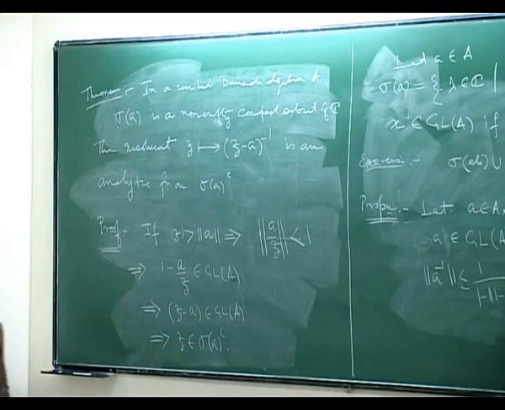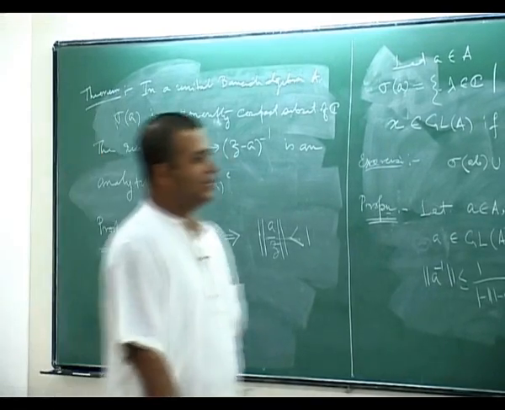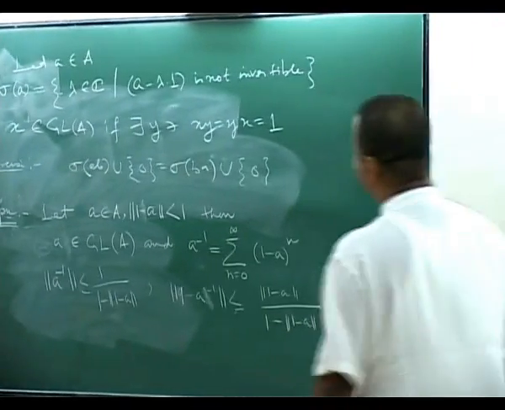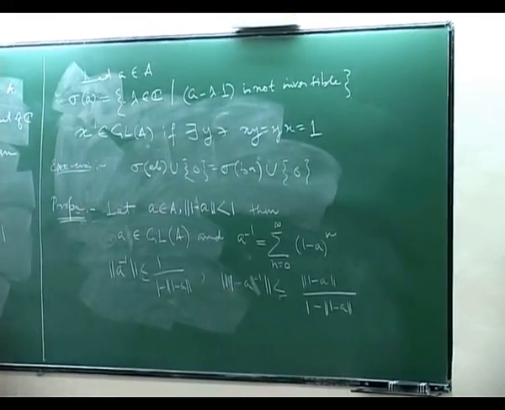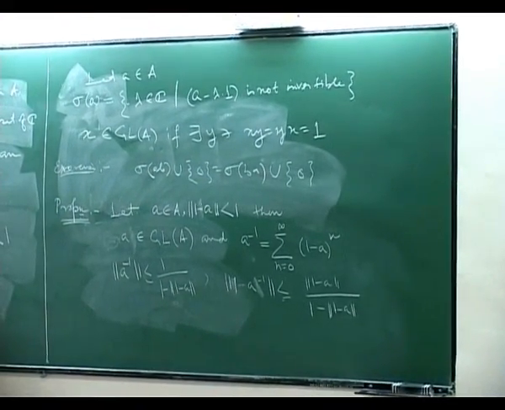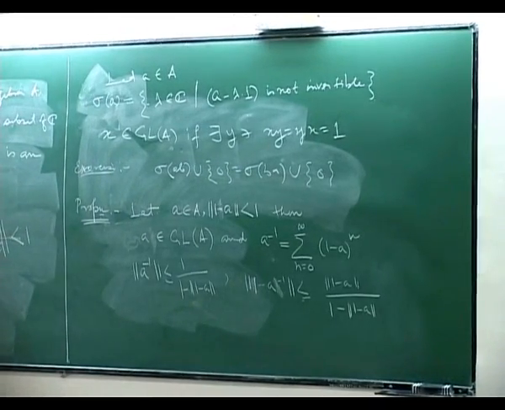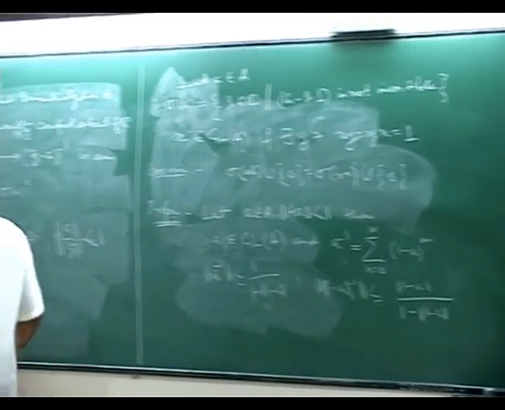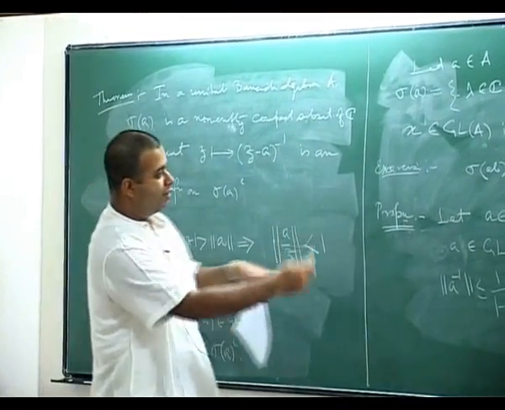So let me do my act again. What does GL of A mean? GL of A: x is in GL of A if there exists y such that xy equals yx equals 1. So GL of A is the set of invertible elements in the algebra A, and so 1 minus A by z is in GL of A by that proposition.